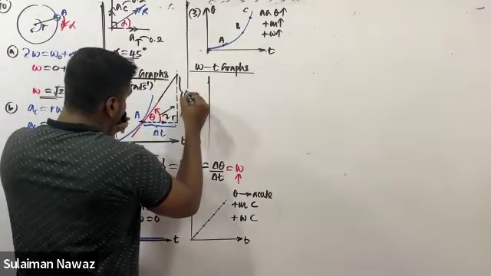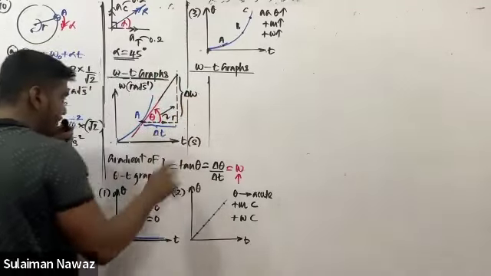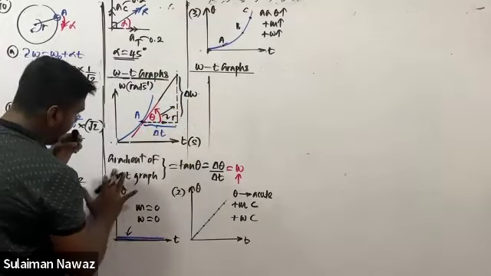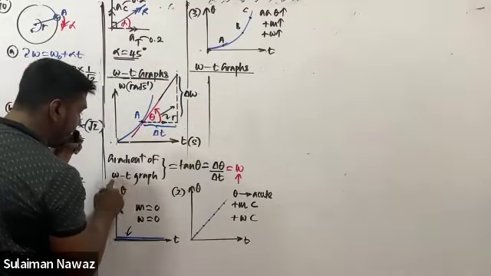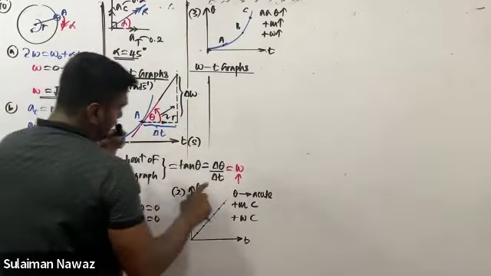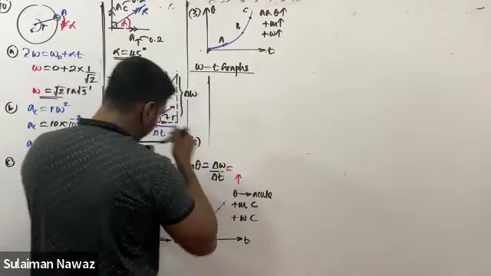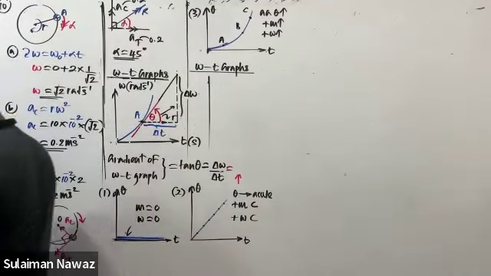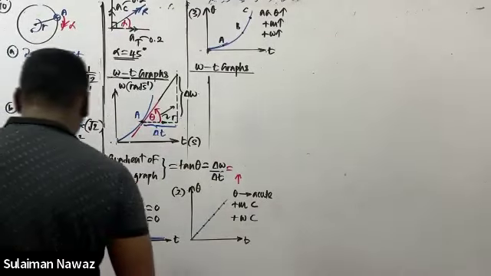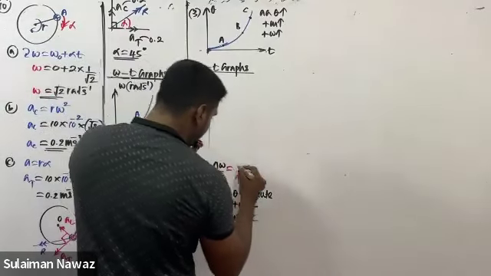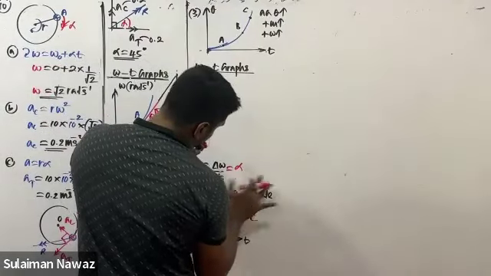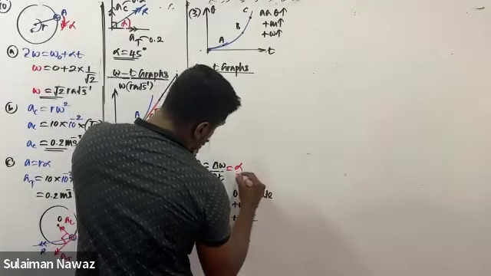This is delta omega by delta t. So the gradient in the omega-t graph is alpha, angular acceleration. Same story. The gradient of the angular velocity-time graph represents angular acceleration.